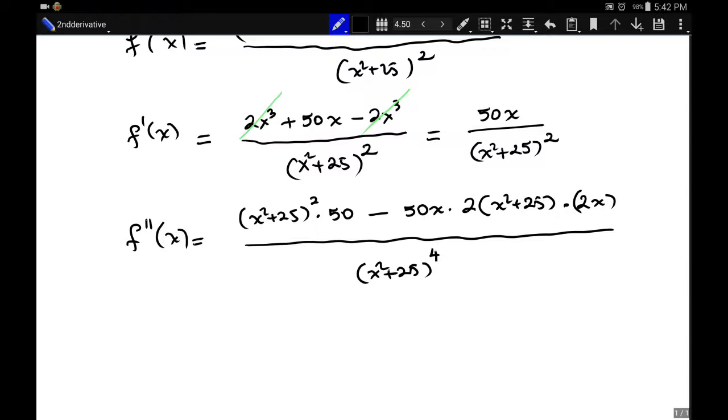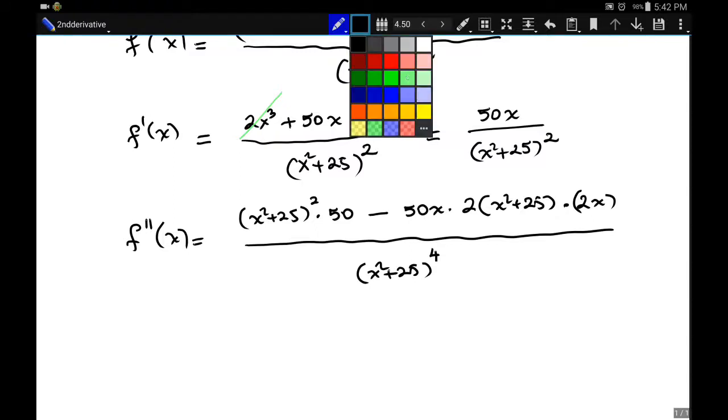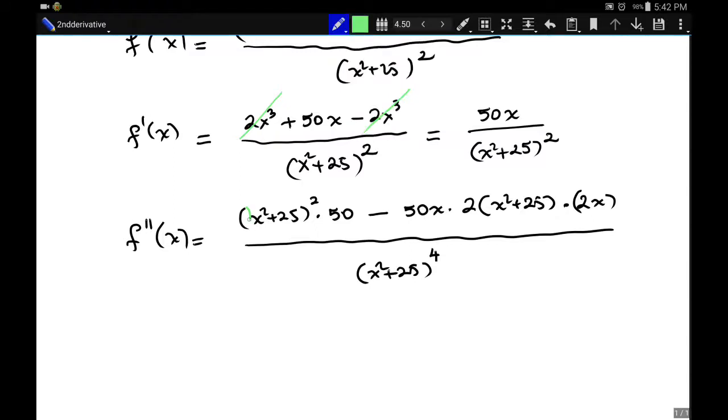Now let's see the simplifications. Look at these terms in here. This term is in common with this, so it appears over here. And also 50 is the common one. So let's put 50 times x squared plus 25 out there. From the first expression, the factor of x squared plus 25 is left.